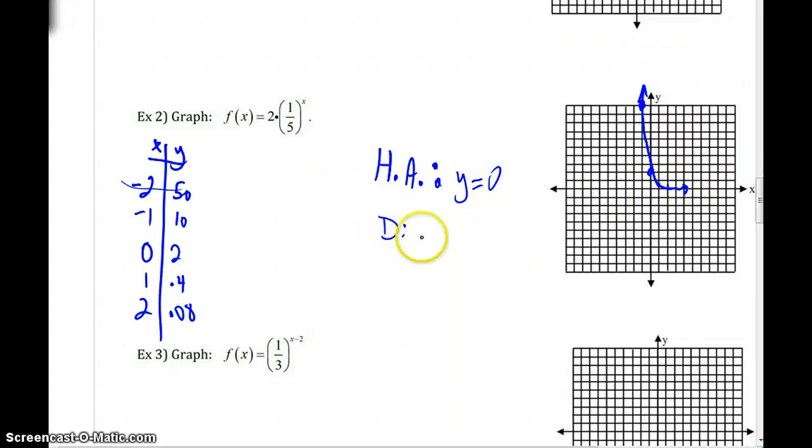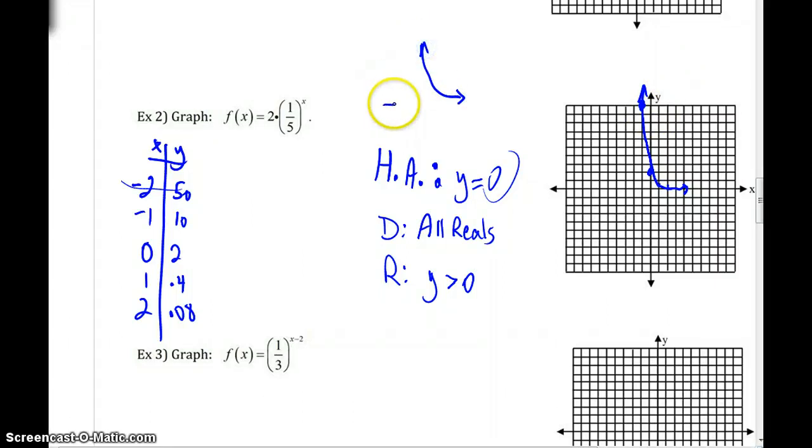Your domain, once again, all reals. Very quickly, what about your range? Well, again, tied to this number for our horizontal asymptote, y is greater than 0. And this general shape that I just made up above on the graph and what I'm sketching right here is what we see for exponential decay.